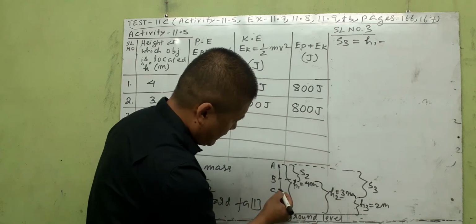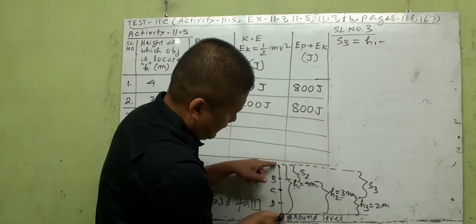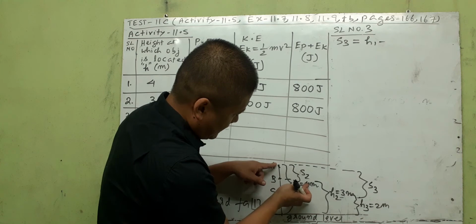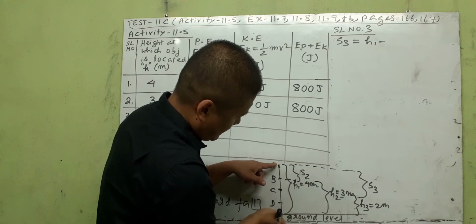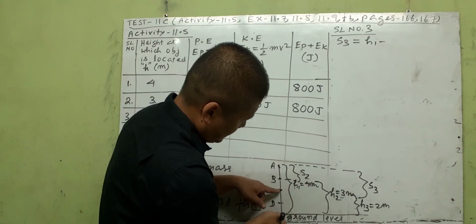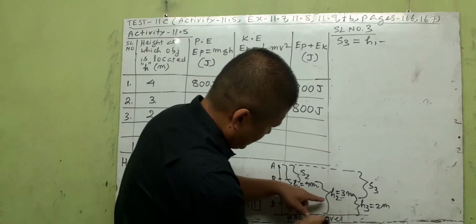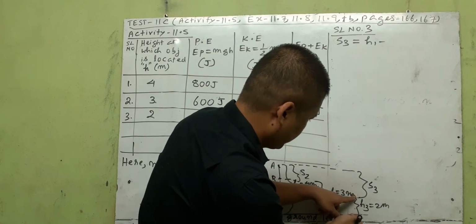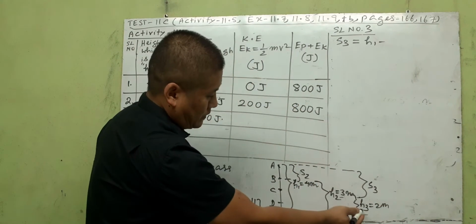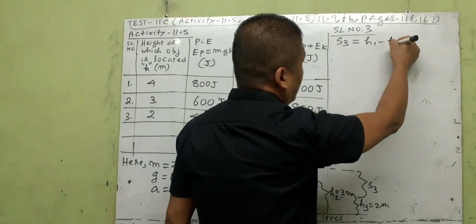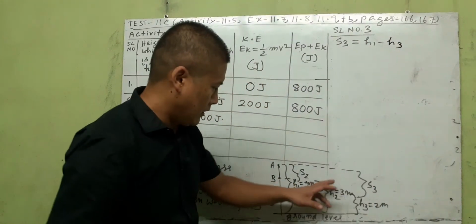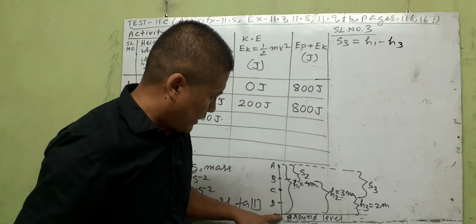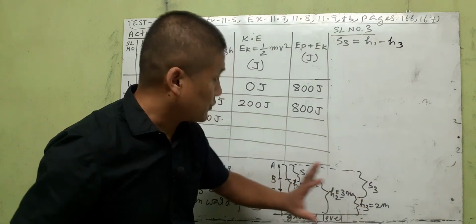So from here, H3. Here, 4 meter, minus H3. H3, this one, is 2 meter. So H1 minus H3 will be 4 minus 2, so that is 2.